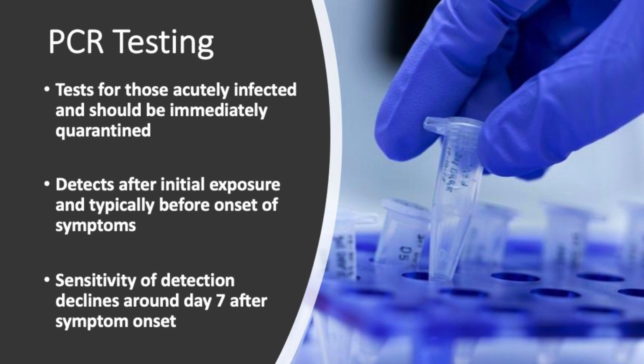The sensitivity will decline after about day 7 of symptoms. So once a resident has had symptoms for about 7 days, the ability to pick up the virus will decline unless the individual's symptoms are getting worse or not going away.